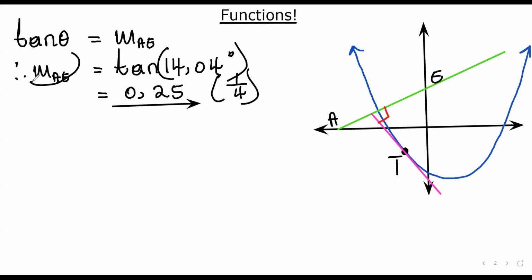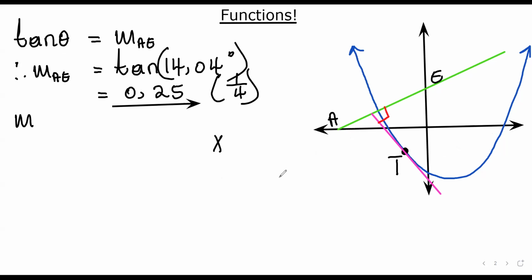Remember, we know the gradient of the line AE, so we can use that fact in order to find the gradient of a tangent. How? Well, in analytical geometry back in grade 11, they taught us that if you multiply the gradients of two perpendicular lines, the answer will be -1.